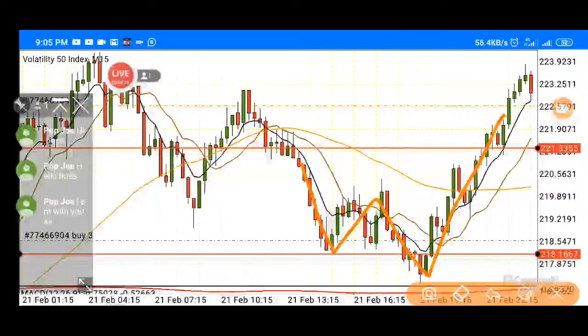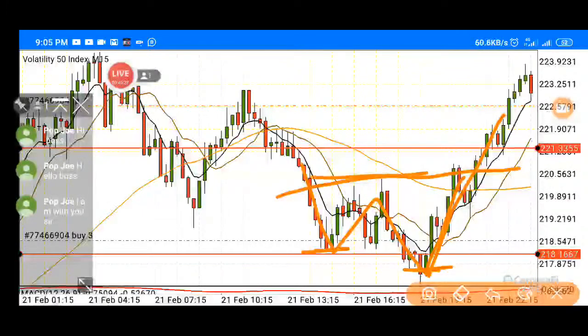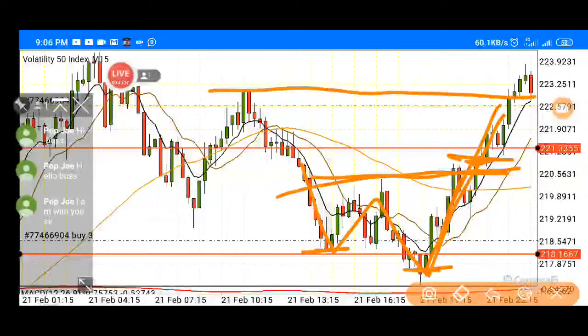You can see the second bottom broke the level of the first bottom and came back. Then it broke the neckline over here. The neckline was broken here. So you can enter here and take your profits here.